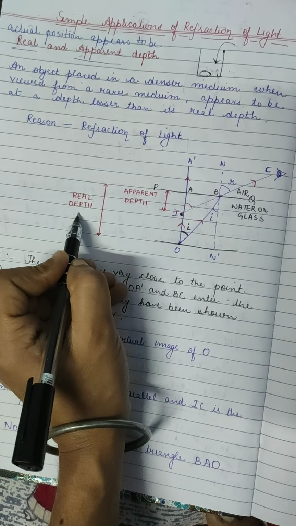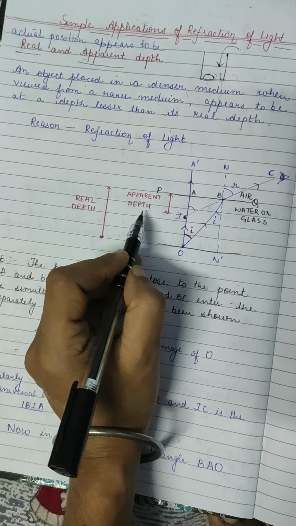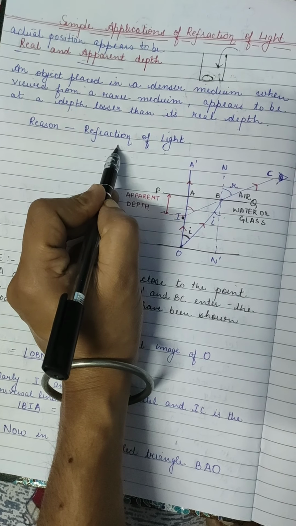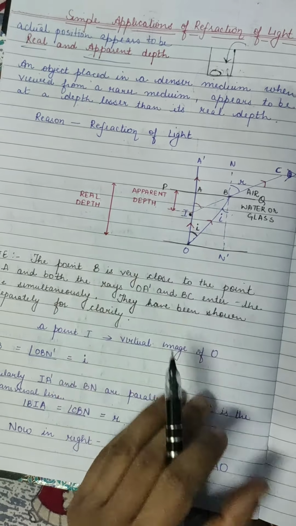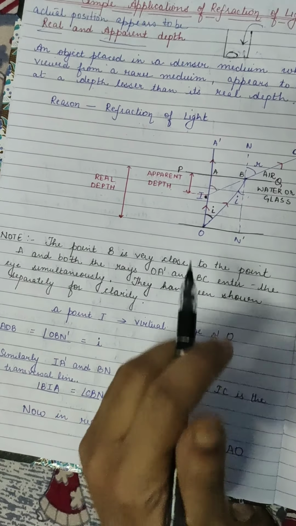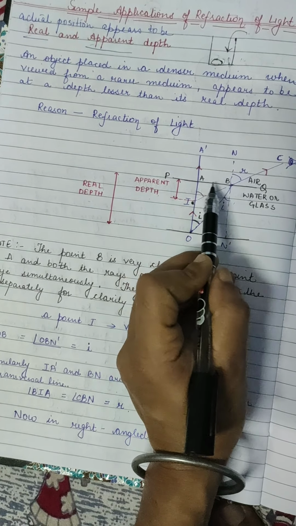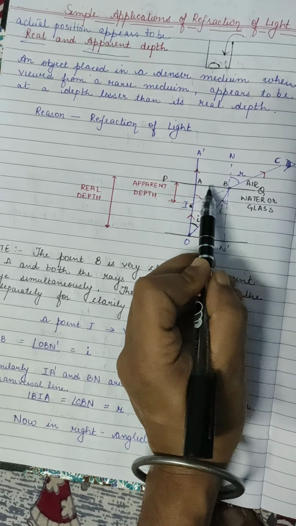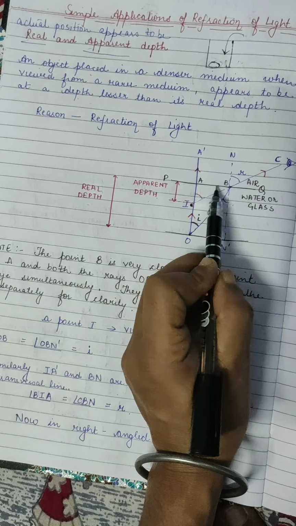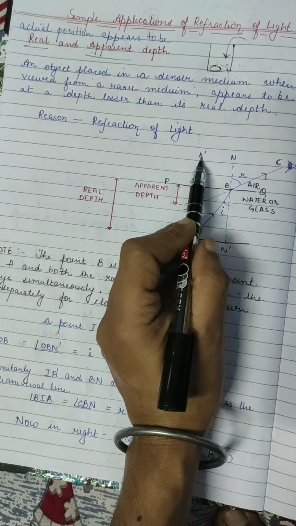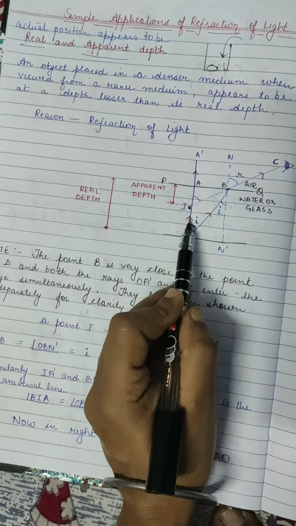Real is the actual depth, actual position, but due to refraction of light, it appears to us at some other point. Now one thing more, here we have taken A and B at a distance, but in actual conditions these points are very close to each other. Fine. Only you will see this thing at a 90 degree angle.